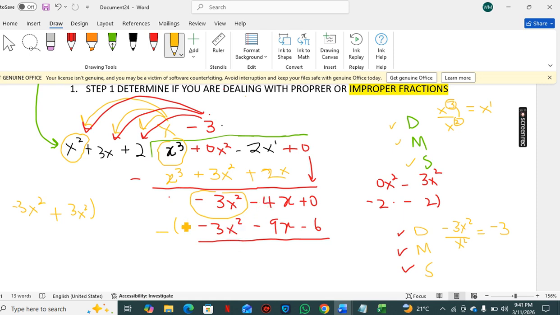Negative 4 minus negative 9x. Okay, negative 4 minus negative 9. Negative and negative make positive. Negative 4 plus 9, that is positive 5x. Okay, so here we have a positive 5x here.